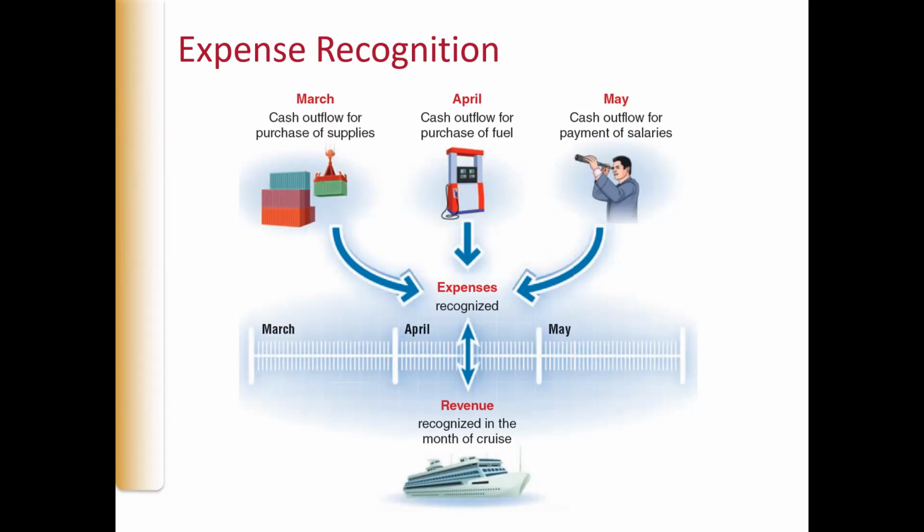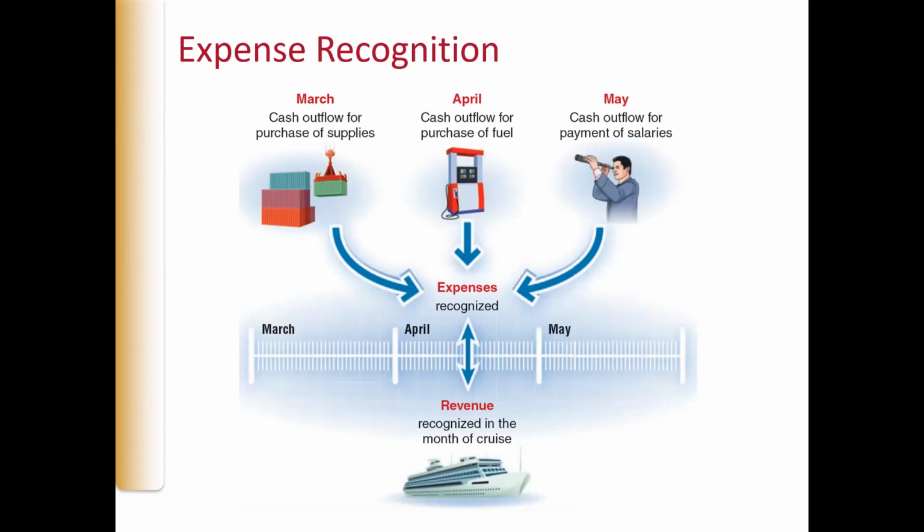However, in March, the company purchased all kinds of supplies for this April cruise ship. In April, they purchased all kinds of fuel, so the cash outflow, they purchased and paid for it in April.